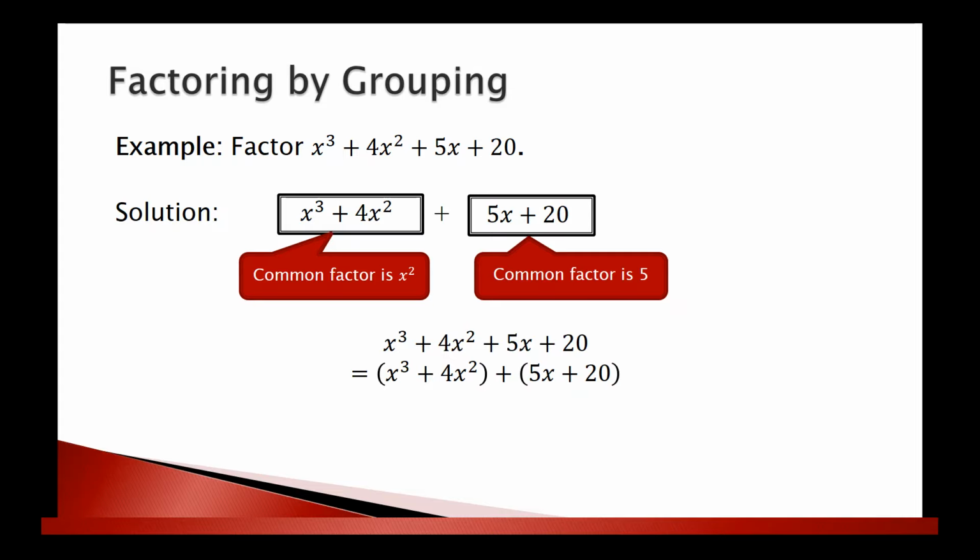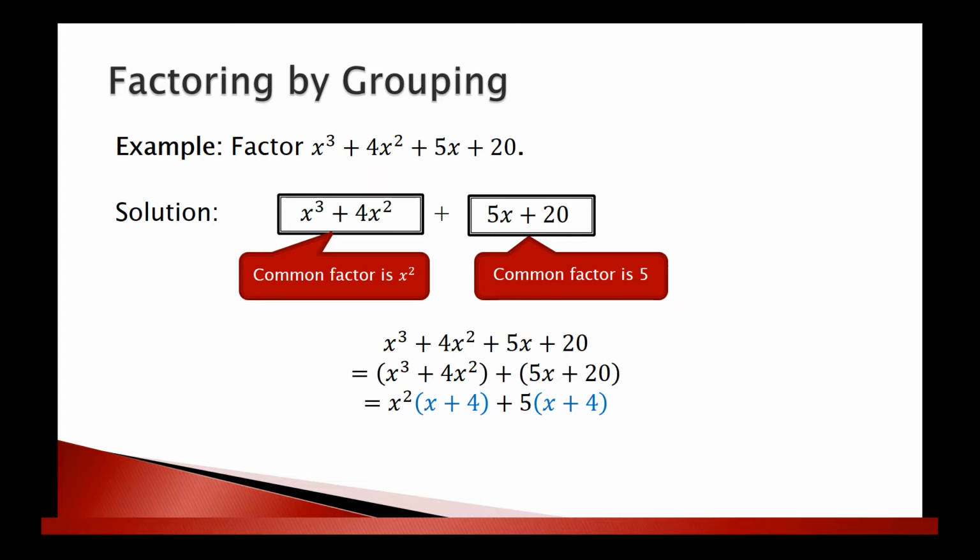So we write this in these two groups, x cubed plus 4x squared and then plus 5x plus 20, and then we factor out the common factor x squared from the first group, and we can write that as x squared times (x plus 4), and we factor out the common factor 5 from the second group, and we can write that as 5 times (x plus 4).